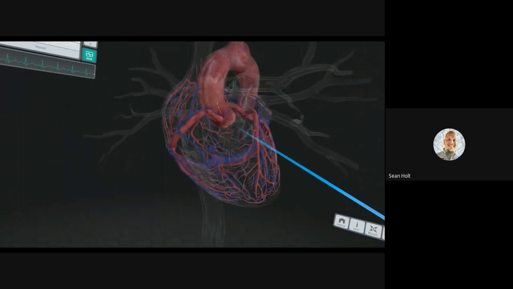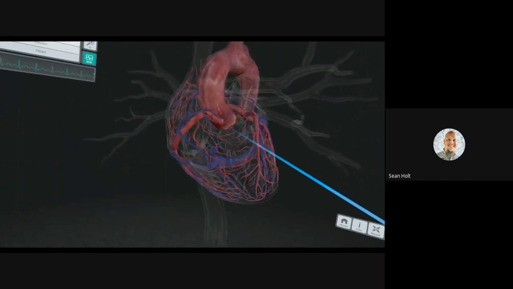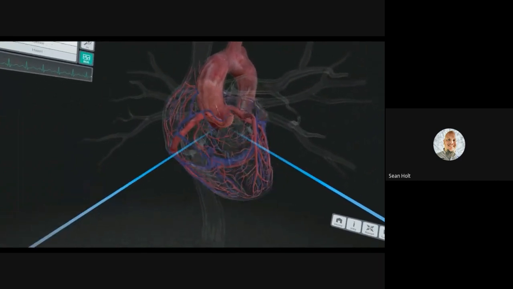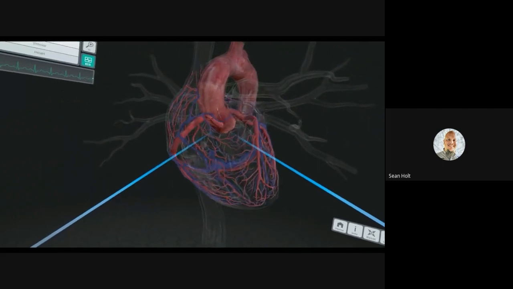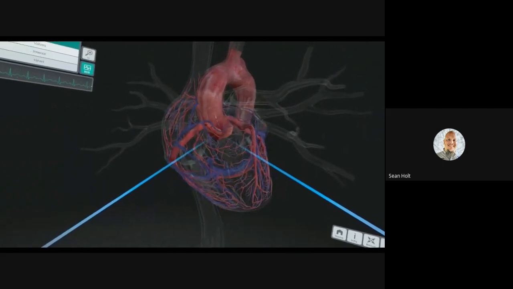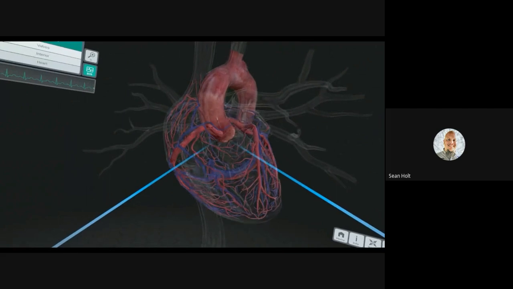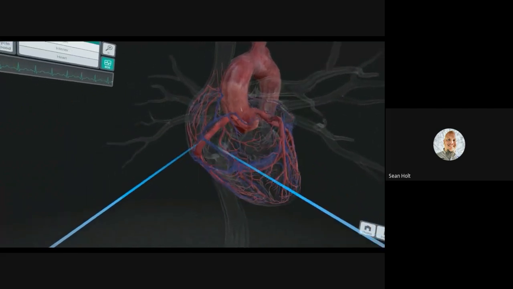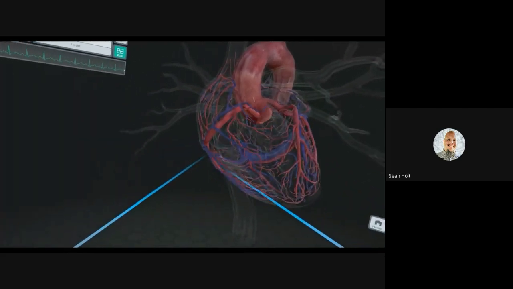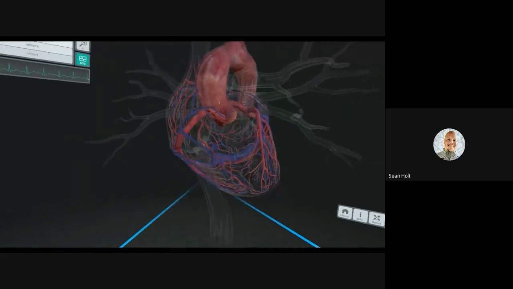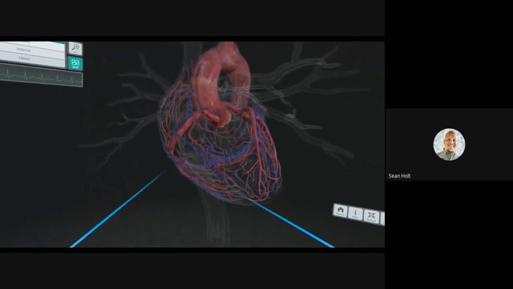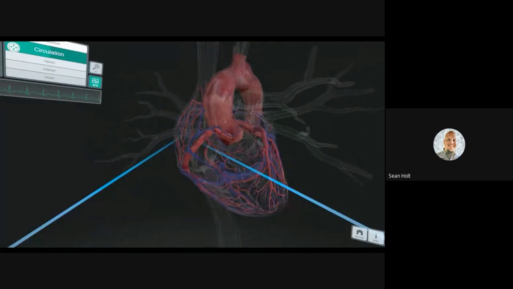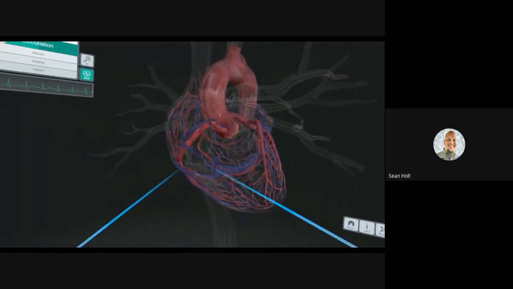Right here at the very end of this blue line where I'm connecting both blue lines, that is the entrance to the right coronary artery. The right coronary artery travels this way, goes down below the inferior side of the heart, a little bit on the posterior back here, and it basically perfuses all this area.